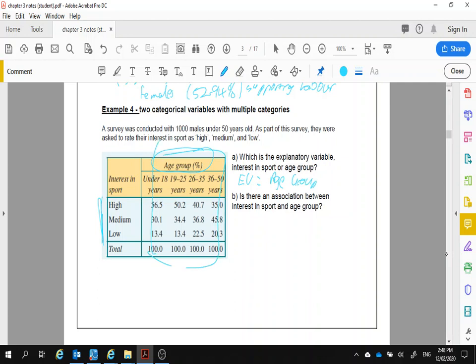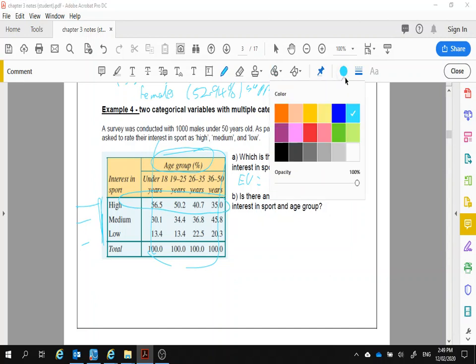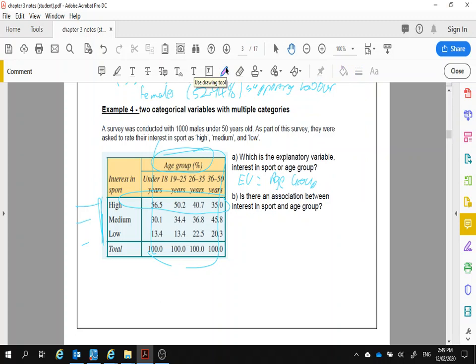So we're looking at an association between interest in sport and age group. Now you can't look at all those, so you pick one. So let's just pick that one there. It doesn't have to be high, you can pick any one you want, okay? So I'm going to pick that one there, and you can see that it goes from 56.5 to 35, so there is one. So yes, there is an association.